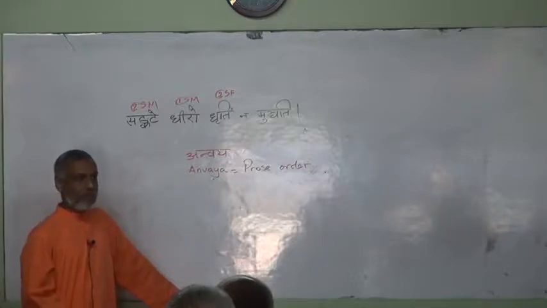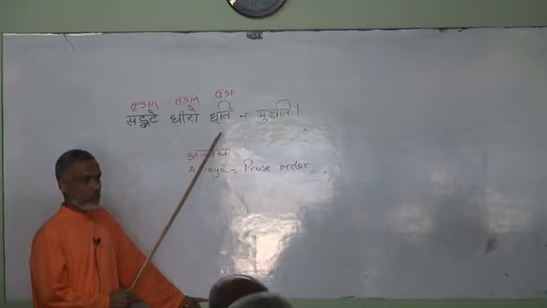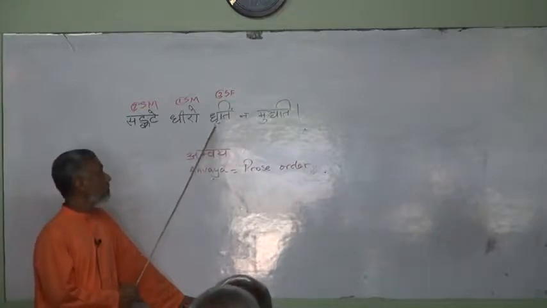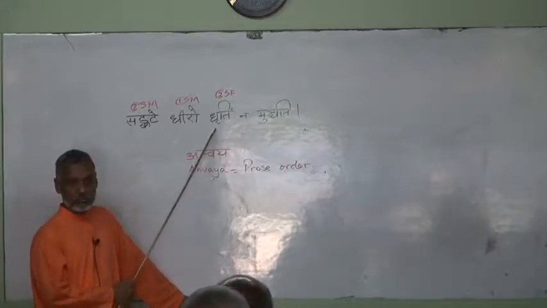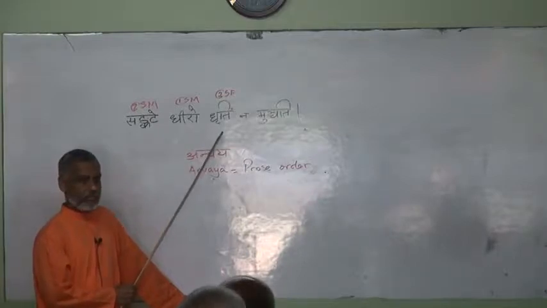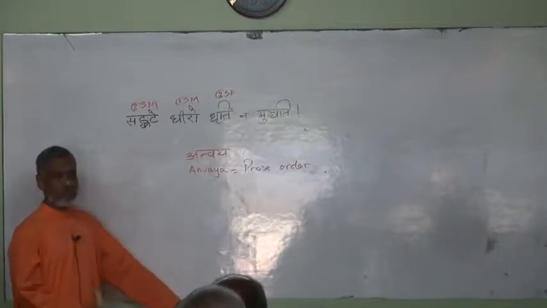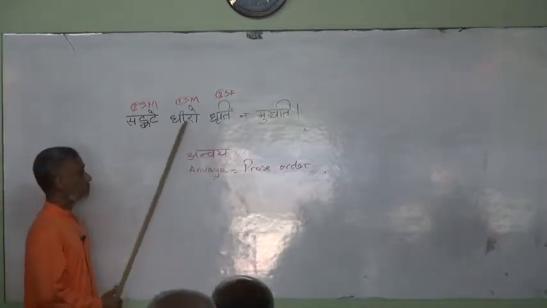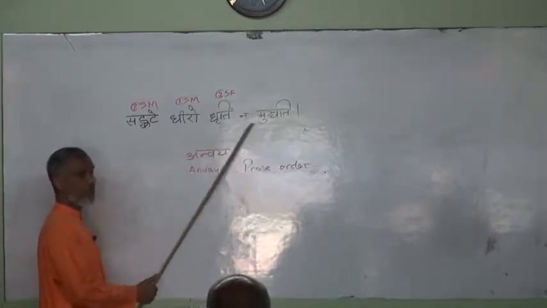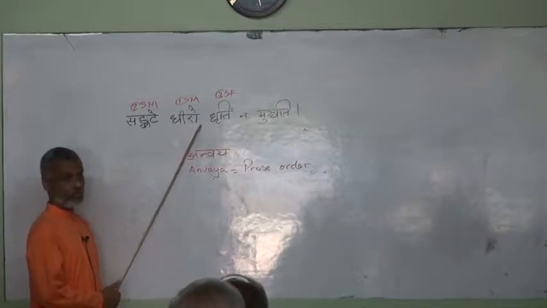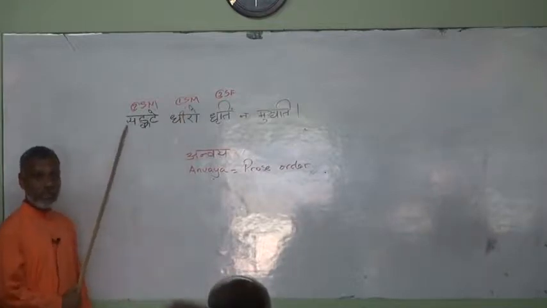Now we have to have an object. What it doesn't drop? The object is dhritim. So dhritim means fortitude. So the wise one does not drop fortitude. And this is telling when now.